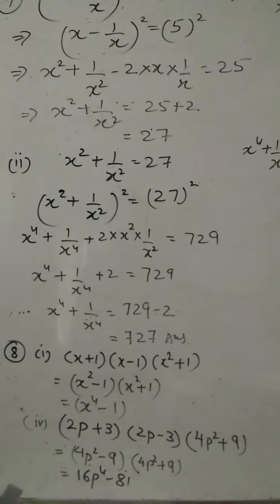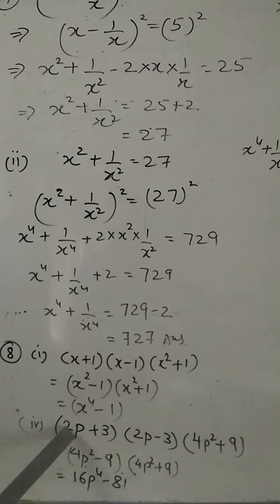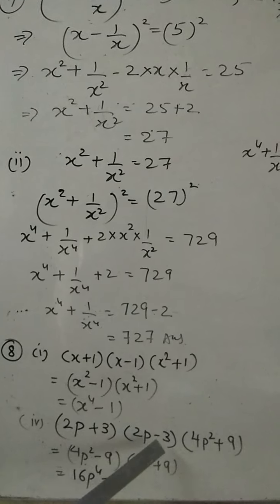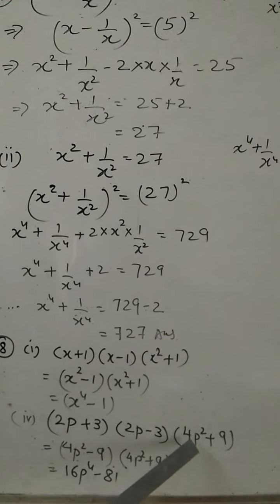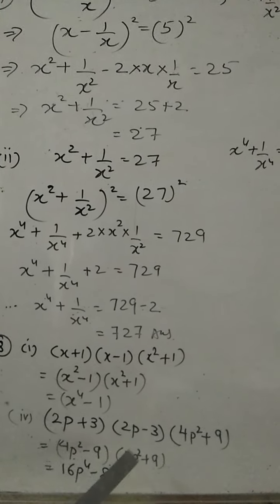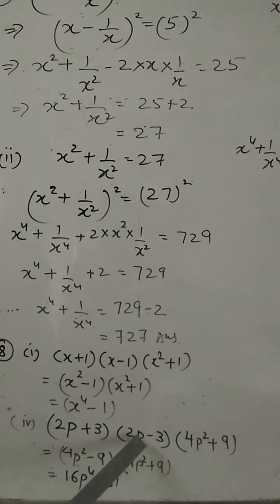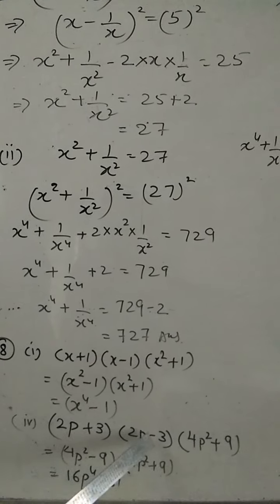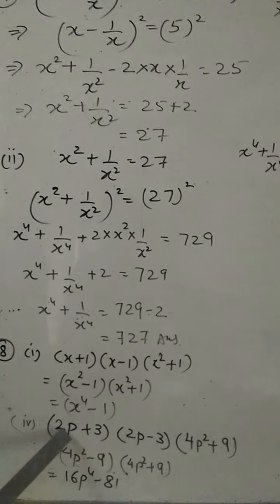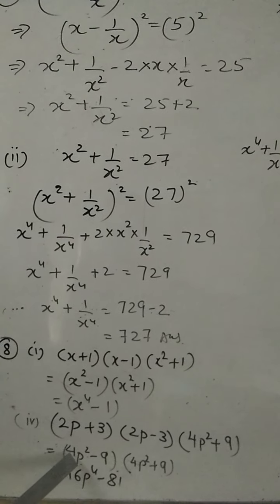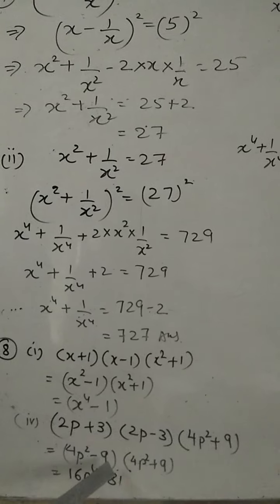The last question of that same question is 2p plus 3 into 2p minus 3, and 4p square plus 9. This resembles the same identity, that is a plus b and a minus b. So directly you can multiply these two. So the square of 2p is 4p square, minus 3 3s are 9.